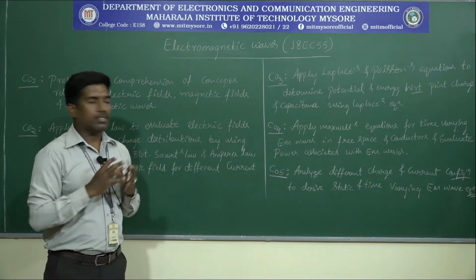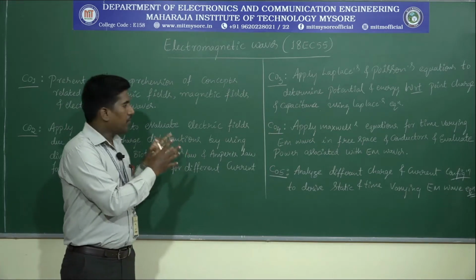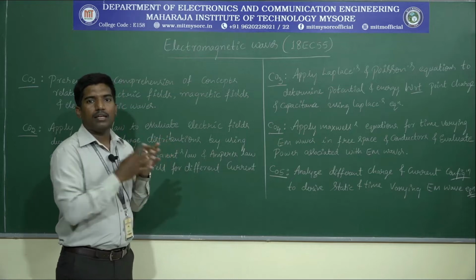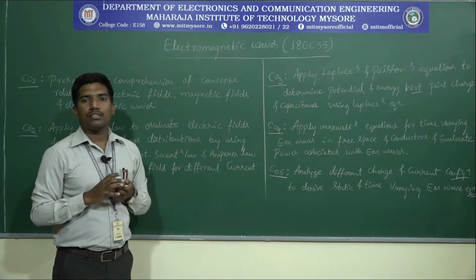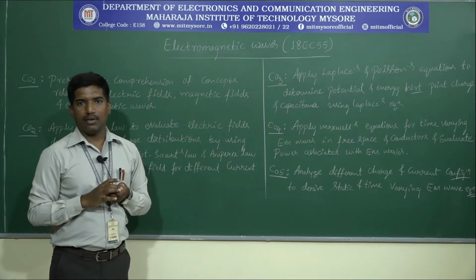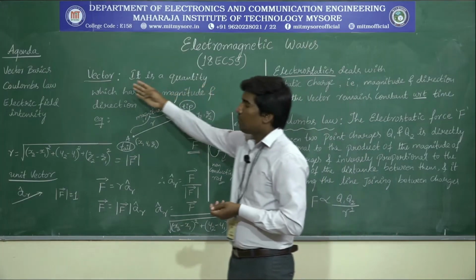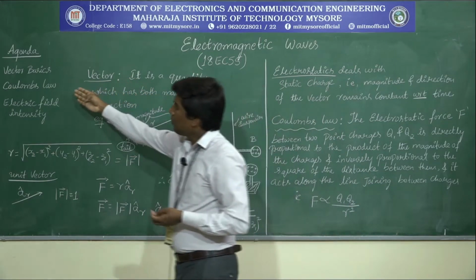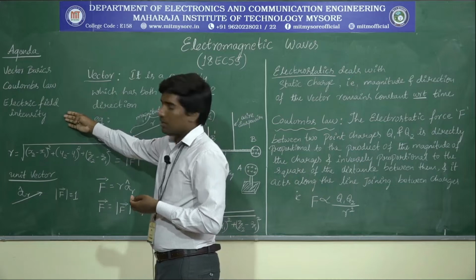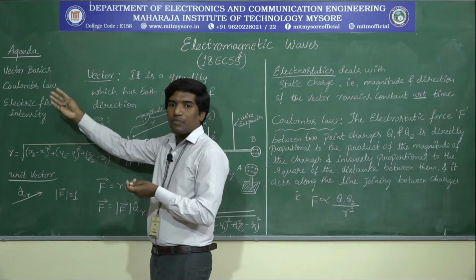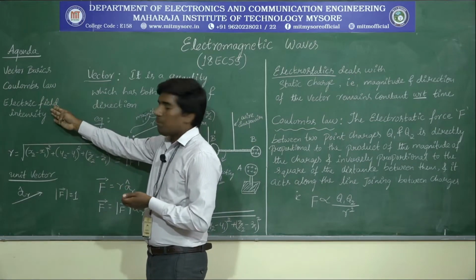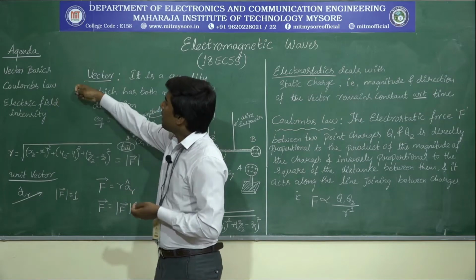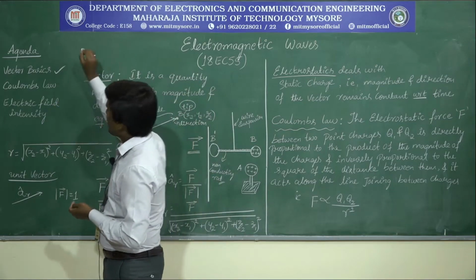Got it? This is the course which plays a prominent role in getting the electronics and communication engineering degree. We are going to study vector basics, Coulomb's law, electric field intensity and distribution of charges in different applications.